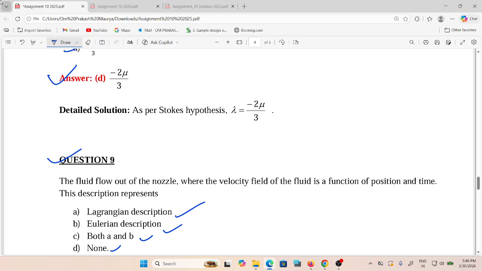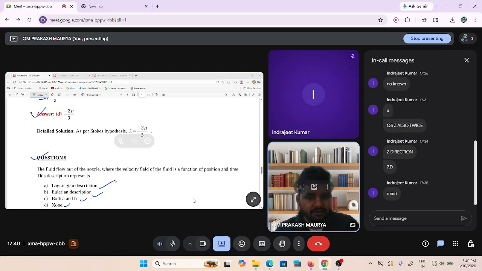Here, if you know the very fundamentals of fluid mechanics, then you can give this answer very easily. Otherwise, it will be difficult. Yes, definitely, for the previous question, F was equal to ma. In fluid mechanics, you need to write the body force as well as the surface force, not like the rigid body equations.